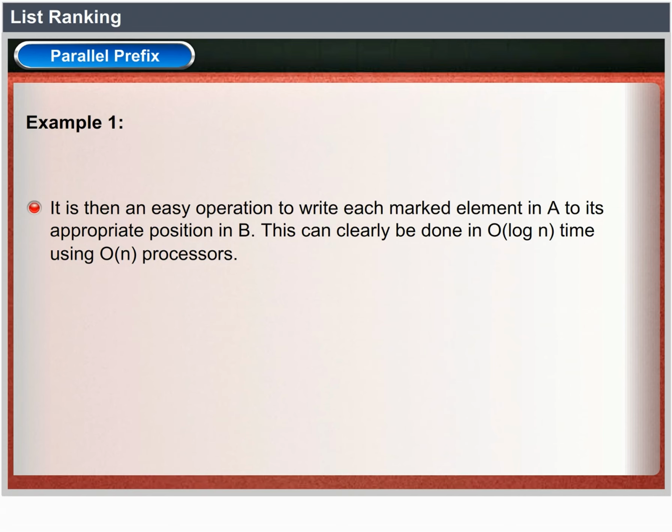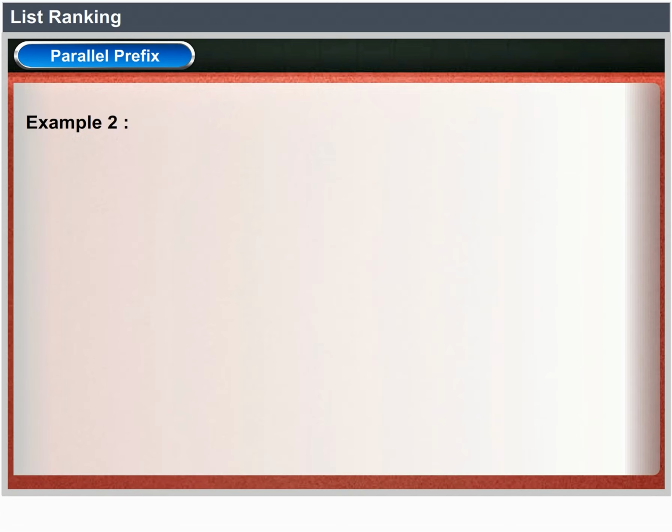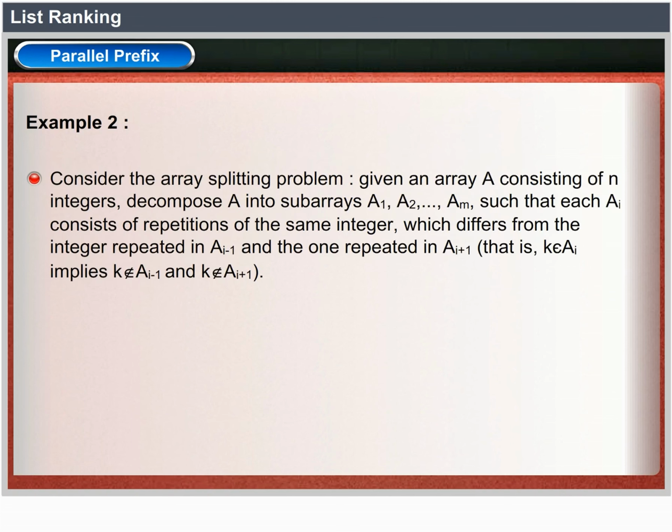Example 2. Consider the array splitting problem. Given an array A consisting of n integers, decompose A into subarrays A1 up to Am such that each Ai consists of repetitions of the same integer, which differs from the integer repeated in Ai-1 and the one repeated in Ai+1. That is, k belongs to Ai implies k does not belong to Ai-1 and k does not belong to Ai+1.